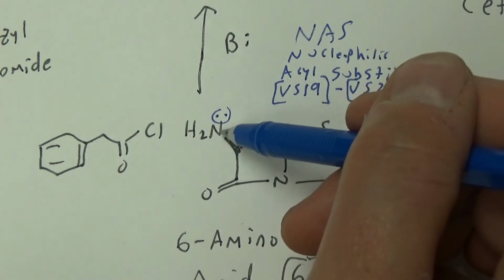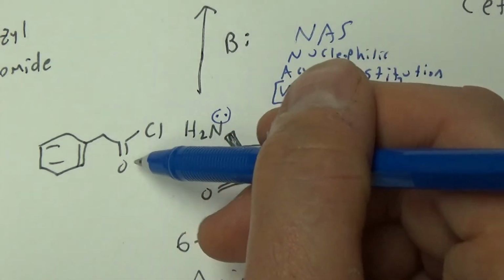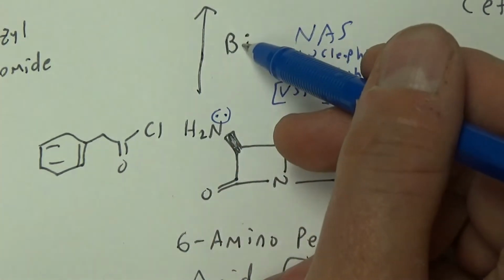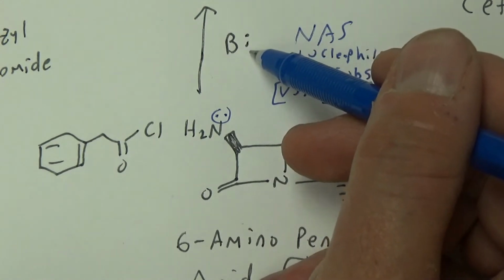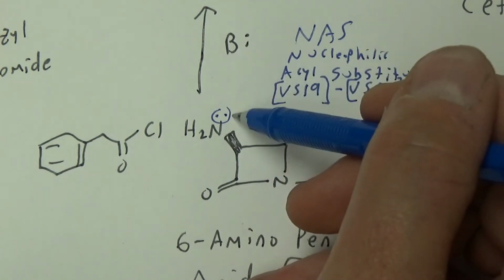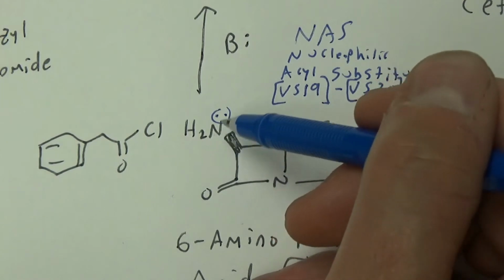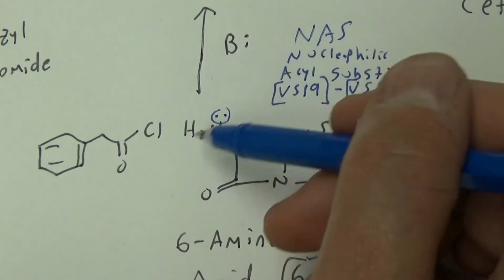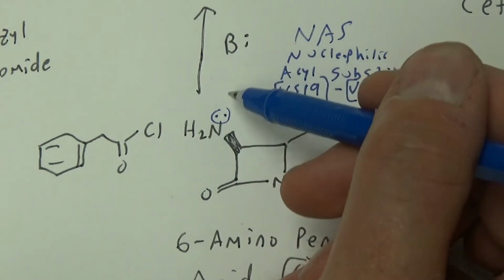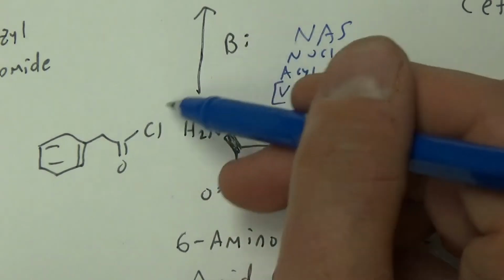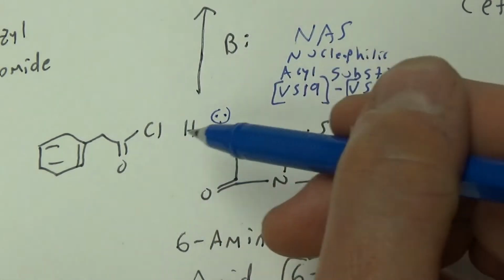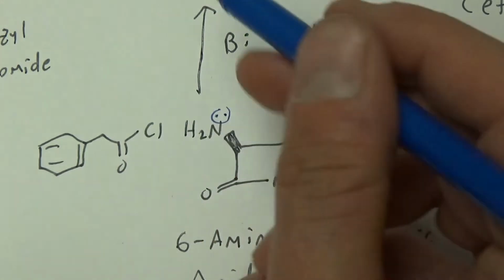What happens is this nitrogen is highly nucleophilic. It attacks, and then the base comes and takes that proton off. It's not like the base takes the proton off first, because it's actually very non-acidic. It's a two-step process: nucleophilic attack, then the base comes, takes off the proton, and then it all falls apart, and you make the amide.